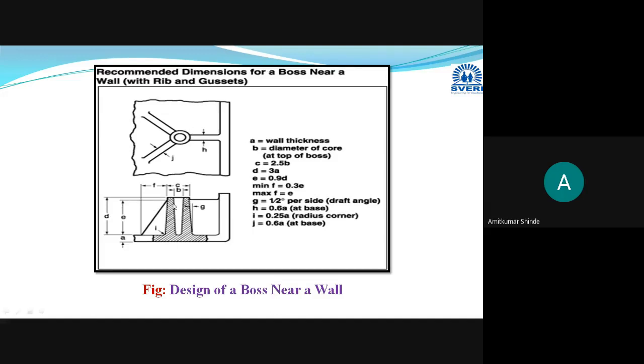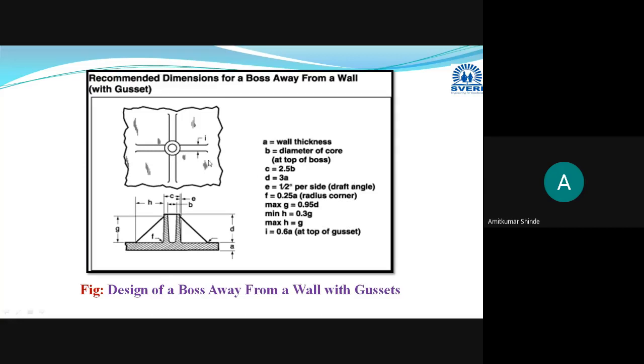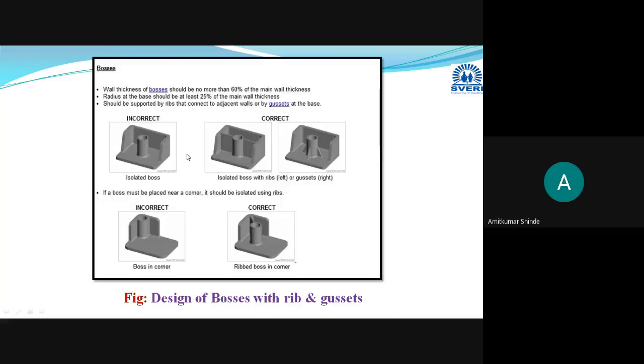It will have this rib, and these two are the gussets. This is the boss near the wall, and next is a boss away from the wall. I will show you the diagram.